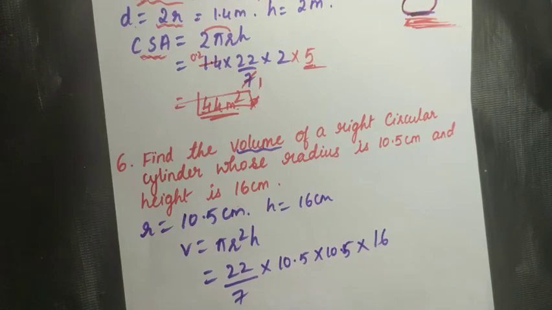After simplification, multiply 10.5 into 10.5 and then divide by 7. We get the answer as 5544 centimeters cube. We have to write the volume of the cylinder in cubic units. This is the answer.